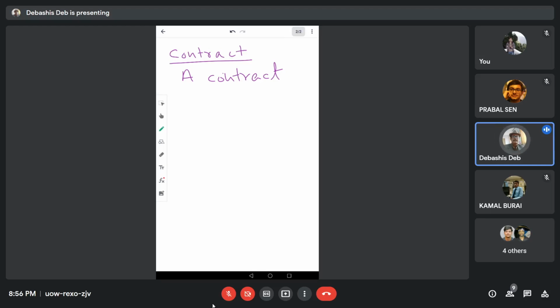But the provisions of the contract, and the contract itself, are very important. Often we are taking it very lightly, particularly in the government sector. The engineers are taking it so lightly.